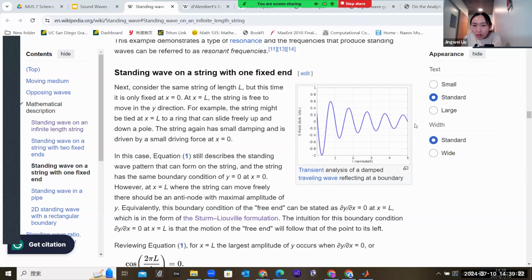This end is fixed, but this end is free. This is the free end, the open end. This is the closed end. You can see when the wave hits this fixed boundary, it reflects back, and this still forms a standing wave. So mathematically, how to describe this?